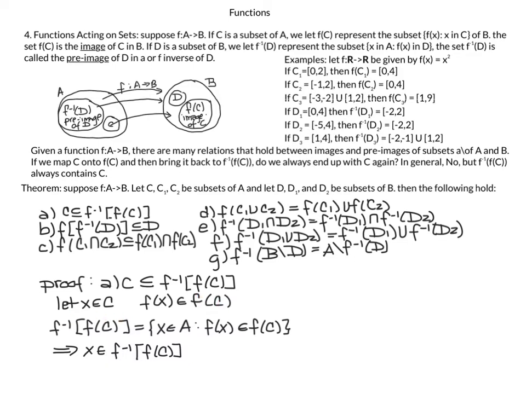Then if we look at the definition of pre-image, which we have over here, I just rewrote the definition of the pre-image of f of C. That's going to be all the elements x in A, again, because we're starting at set A, and C, C1, C2 are subsets of A. So all the x in A such that f of x is in f of C. And again, I'm just mirroring the definition of what it is to be in the pre-image.